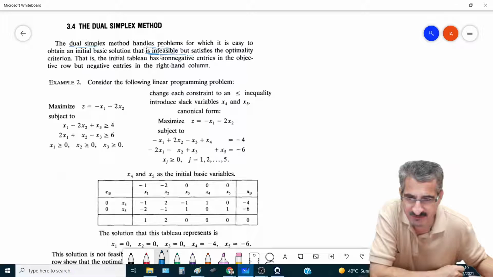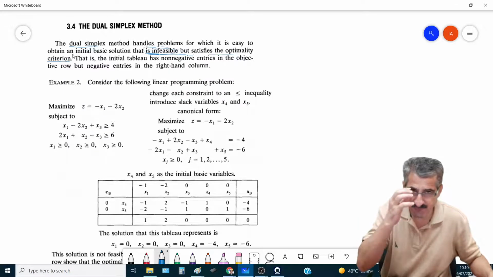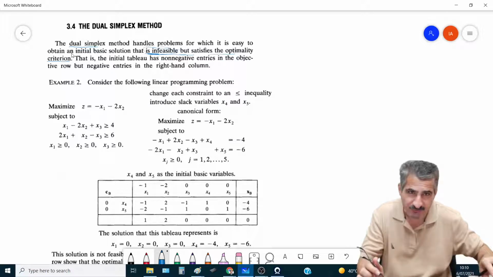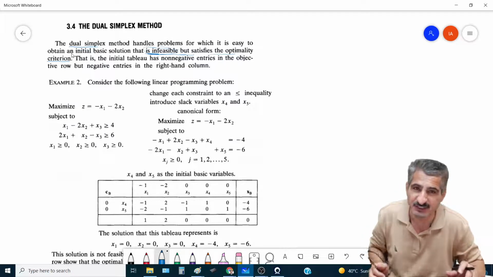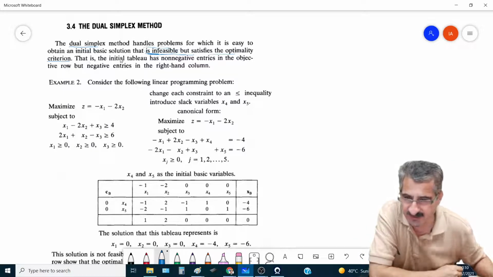So the infeasible solution satisfies the optimality criterion, but it is infeasible. Satisfying the optimality criterion means the entries in the objective row, all of them, are non-negative. So that is the initial table.